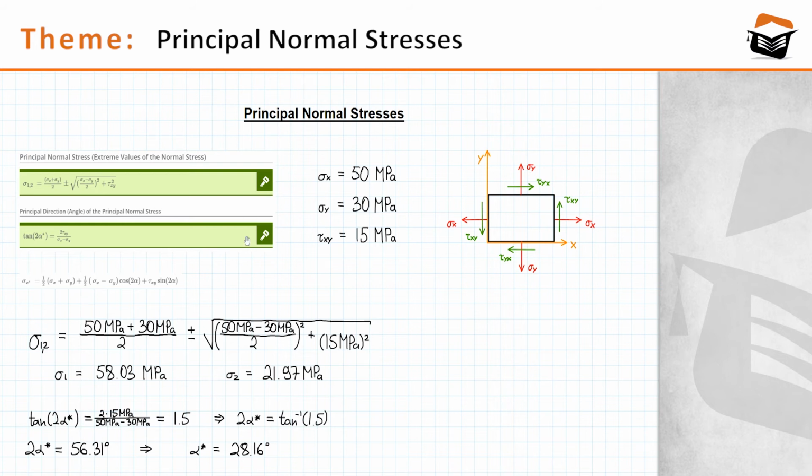And this is the angle by which you have to rotate your coordinate system to have the normal stresses attain their maximum absolute values. And because the angle is positive, the rotation of the coordinate system will occur counterclockwise by 28.16 degrees.